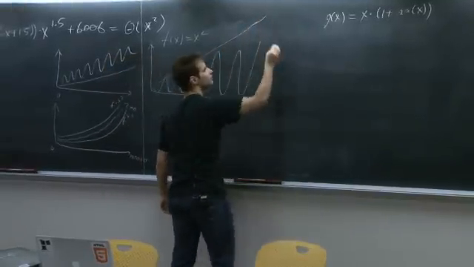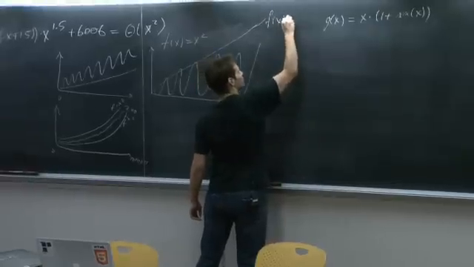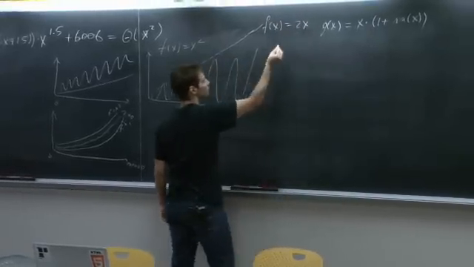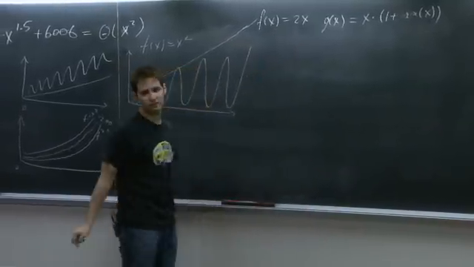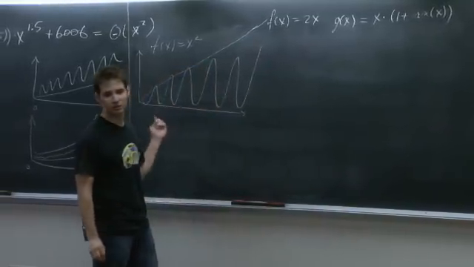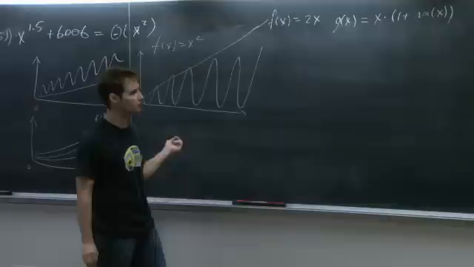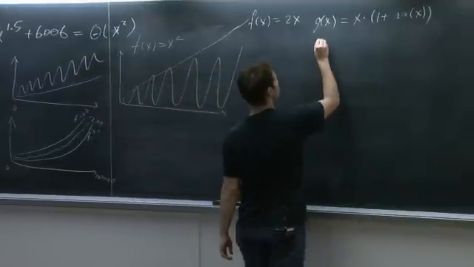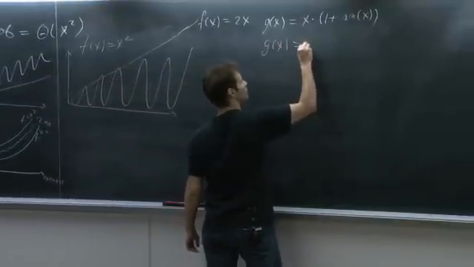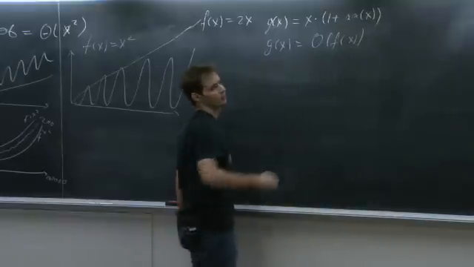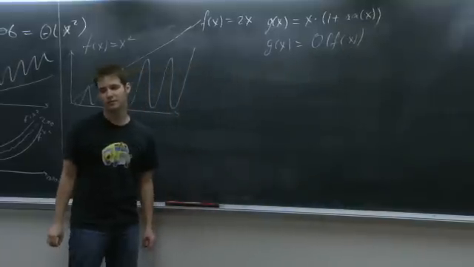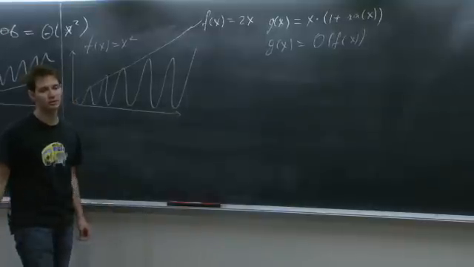Pretend it's a line. f of x equals 2x. And I know for sure that g is never going to exceed this. And in that case, where I only have one upper bound and I don't have a good lower bound, I say that g of x is order of f of x. And this is what O really means. It means I only have an upper bound and not a lower bound.